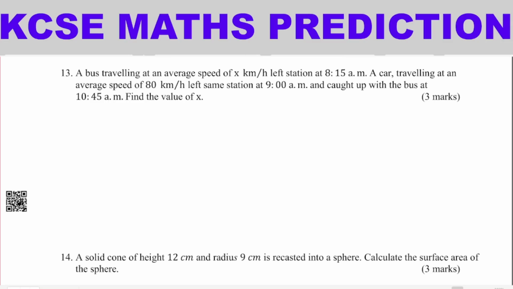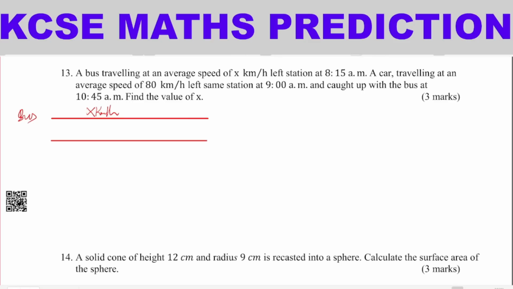Now we have 2 vehicles here. The bus is traveling at the speed of x kilometers per hour.